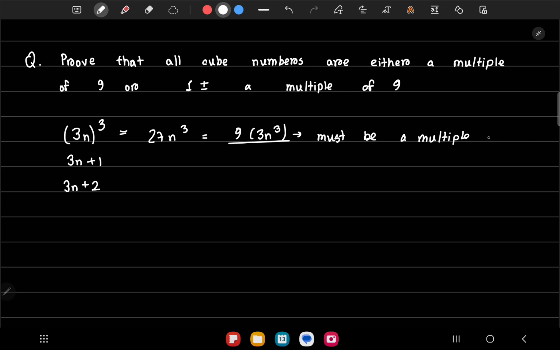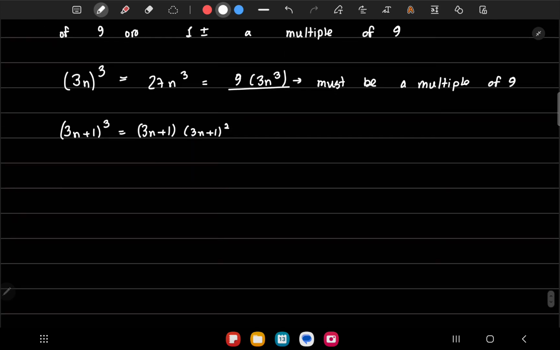For the next case, we have this cubed. So this will be 3n plus 1 times (3n plus 1) whole squared. This is equal to 3n plus 1 times 9n squared plus 6n plus 1.